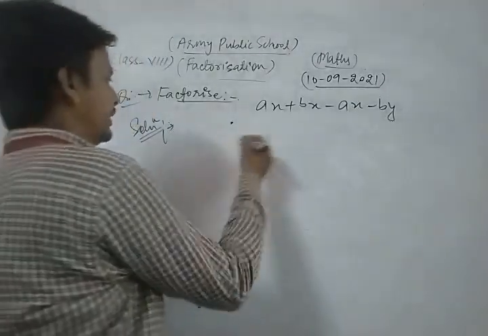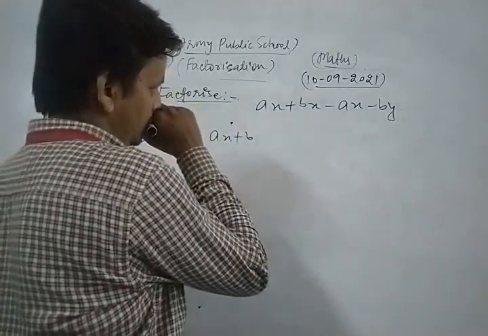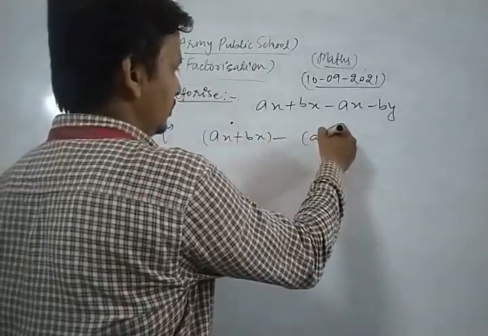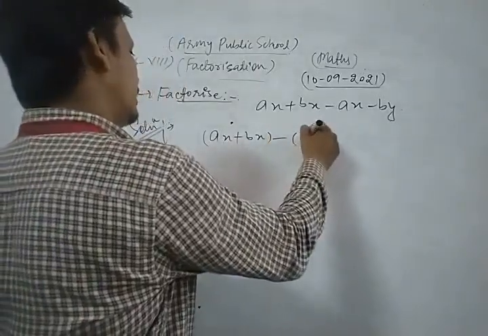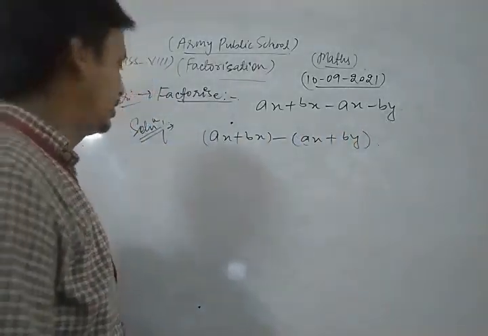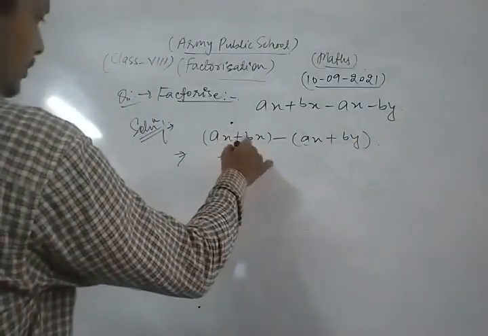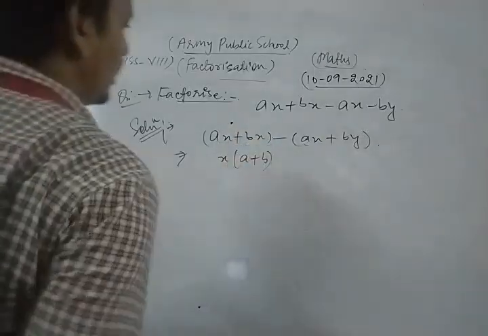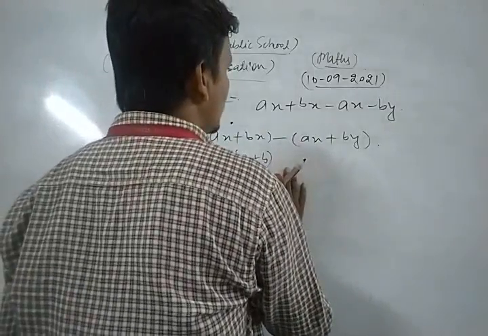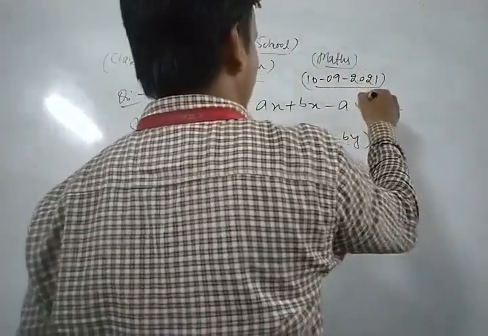So we take ax plus bx together, and for the other two terms we take minus as common, so we get ay plus by. Now in the first group we take x as common, so we get a plus b, and in the second group this is ay, dear students, yes, this is ay.